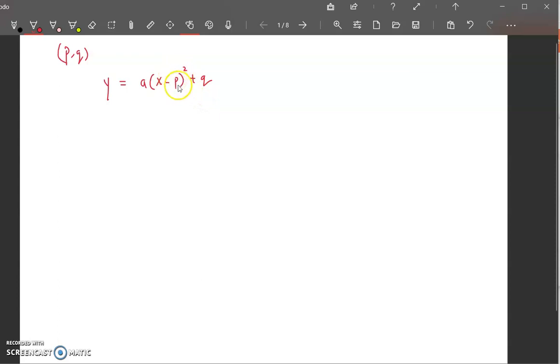So remember, the vertex comes from this value P and this value Q. So the P and Q here are the vertex of this particular equation. This is just another x and y value on the graph, but it's a very special x and y value because it represents the vertex.